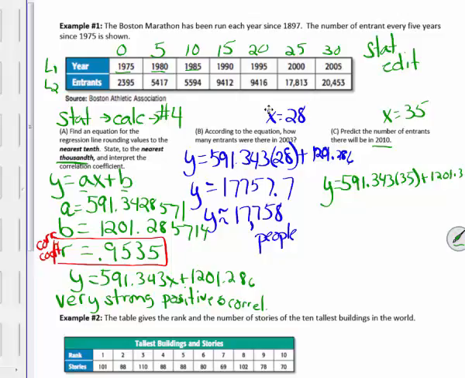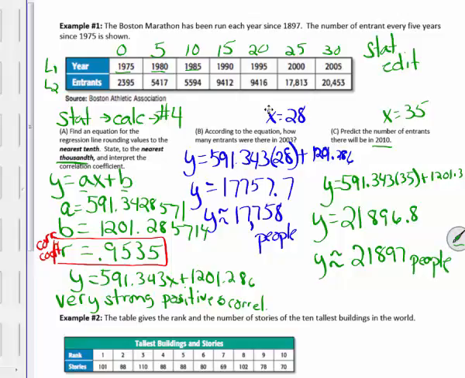I'm just going to write it as 0.3 because I ran out of room. So that's going to give me 21896.8, which means it's really 21,897 people. And the reason we can round up is because we're approximating. This is not a for sure, this is not how many people there definitely were.